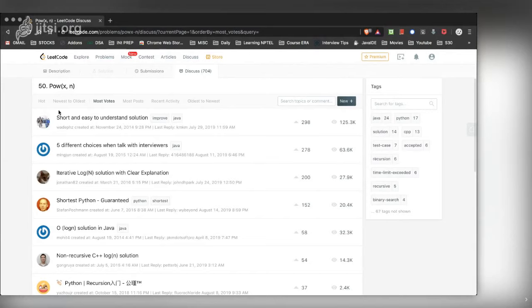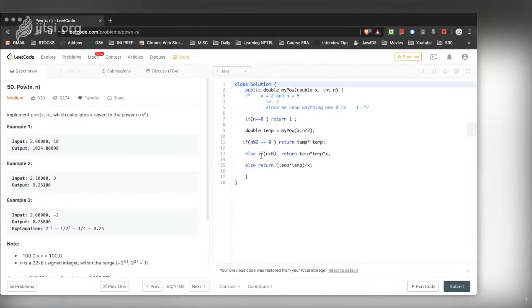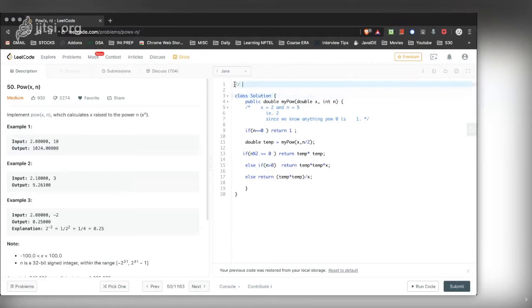The time complexity for this one will be O of log n, since we are concentrating on only half of the power at a given point, and it can be drawn as a tree structure. So the tree structure would be like this.